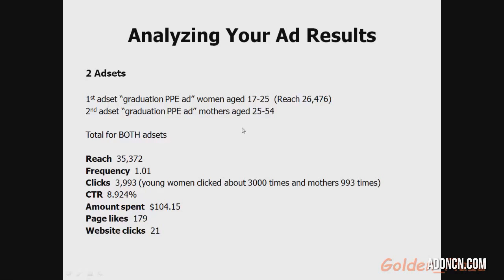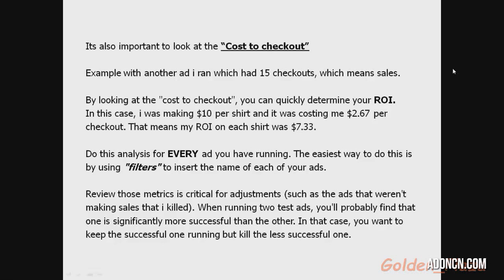So you just have to go through your ads and analyze them. It's important you monitor your ads to make the necessary changes. Another ad that I ran had 15 checkouts, meaning sales. By looking at the cost per checkout, you can quickly determine your ROI.